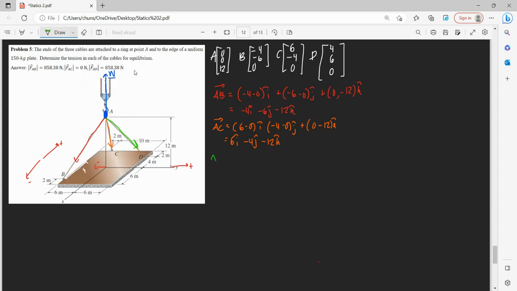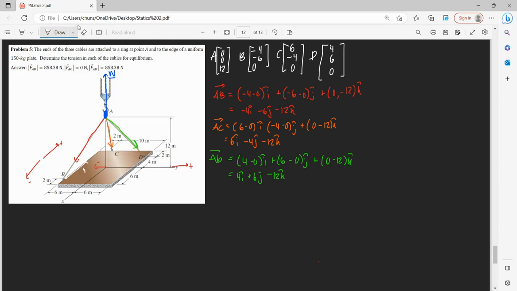Lastly, we'll do AD, which is equal to 4 minus 0i plus 6 minus 0j plus 0 minus 12k. This is 4i plus 6j minus 12k.